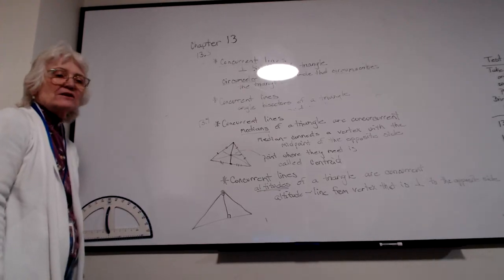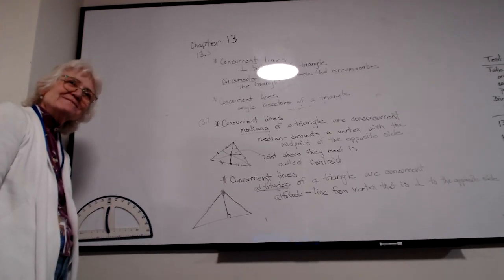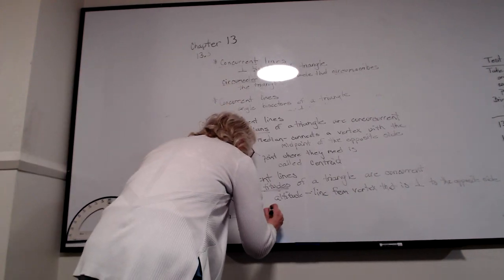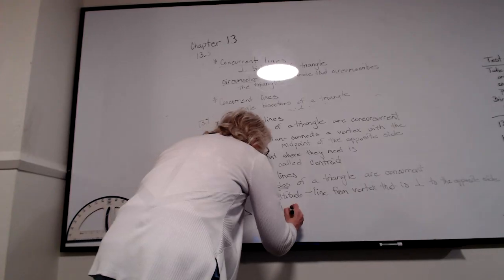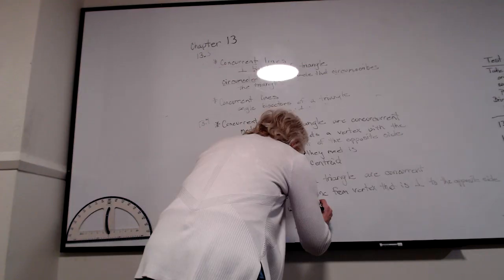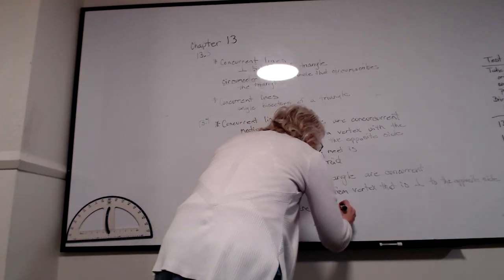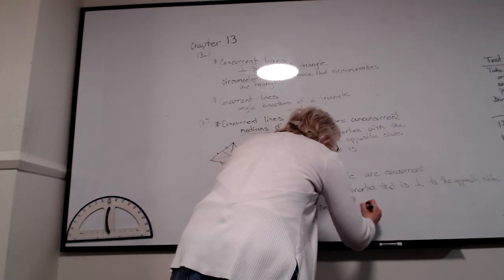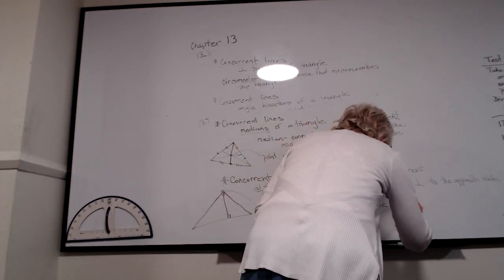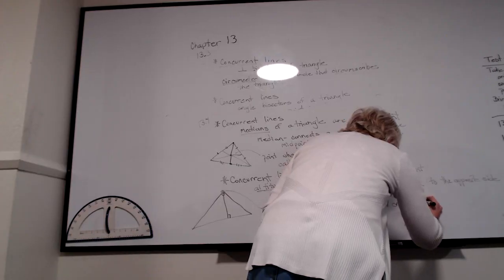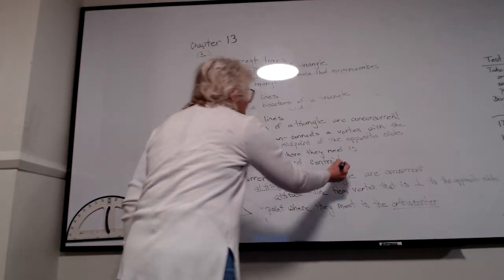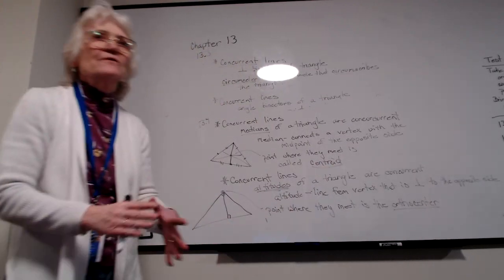Where they meet is called the orthocenter. Okay, so the point where they meet, what this is a lot about is all new terminology. Okay, so a centroid. So all of them have different ones.